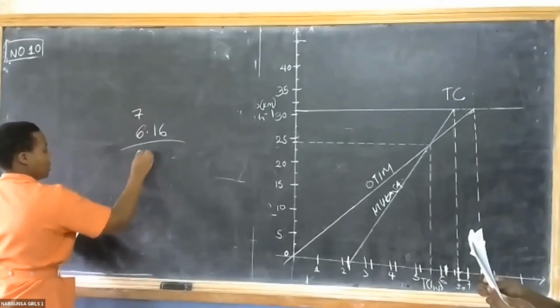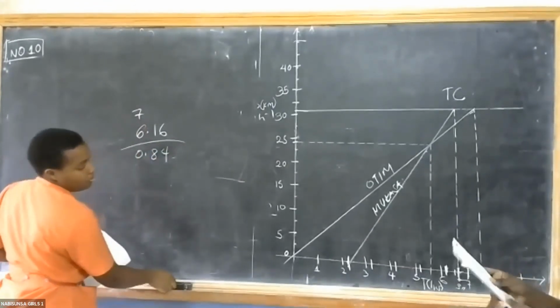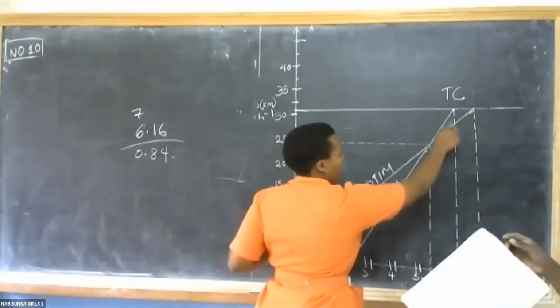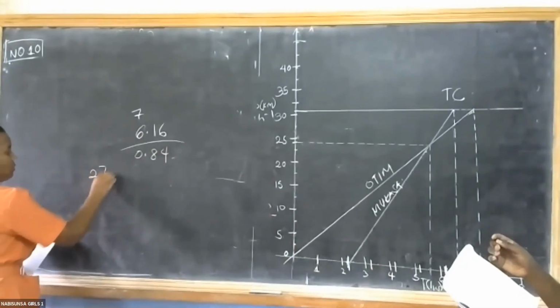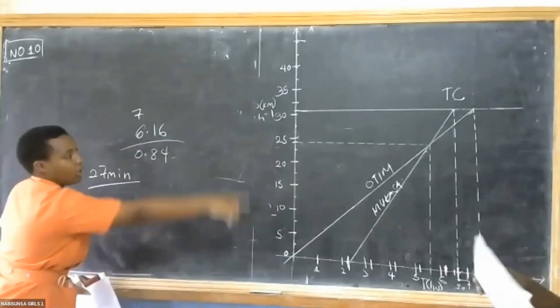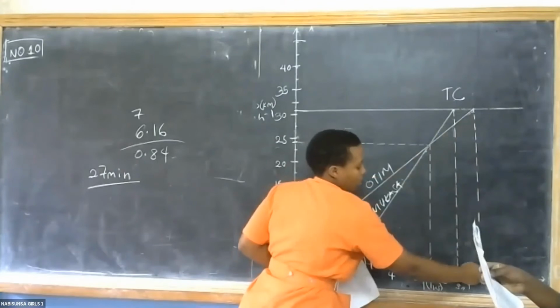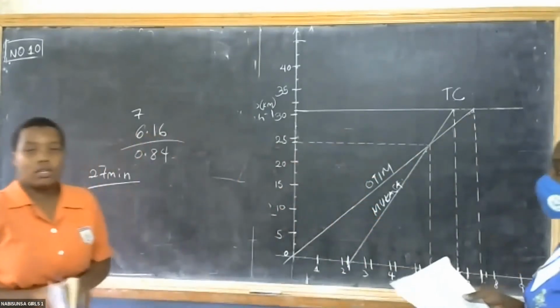This was 0.84. So the time when Mukasa was in the trading center before Otim joined him was a difference of 27 between the original time when Mukasa reached here and the original time when Otim reached here, so we get the difference, which is 27.